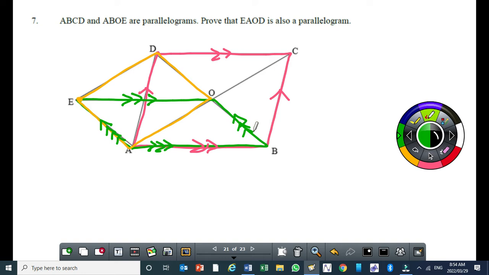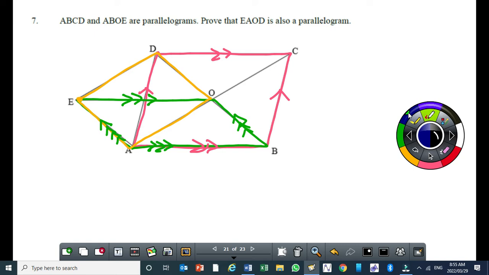So I'll start by proving that OD is equal to OB. So let me start by saying that I made a decision as to which property of a parallelogram I want to use to prove that EAOD is a parallelogram. The property that I'm going to use is the fact that a pair of opposite sides are equal and parallel.